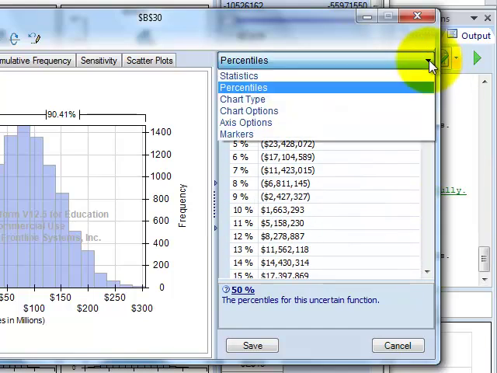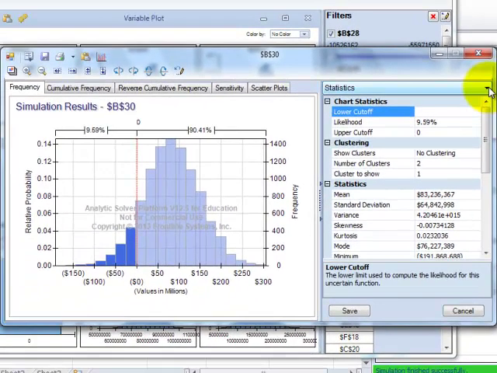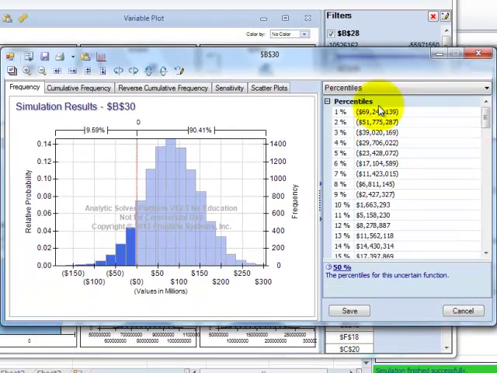And then if we go back to our statistics, we've got our standard deviation and our mean, so we could calculate a 95% confidence interval by taking a z-score for 95% confidence, which is 1.96, basically two standard deviations away. So we could calculate a confidence interval, or we could just have this do the percentiles for us.